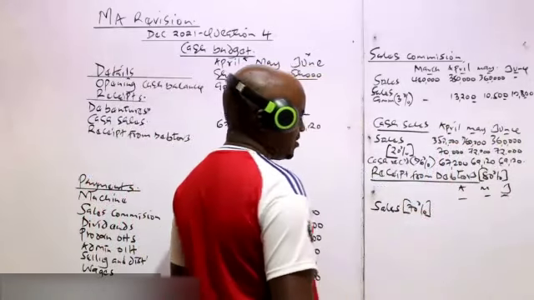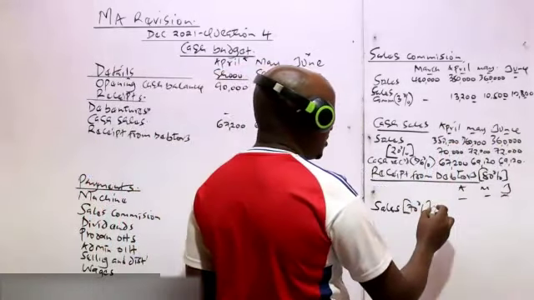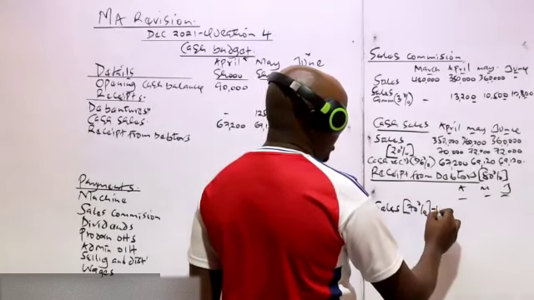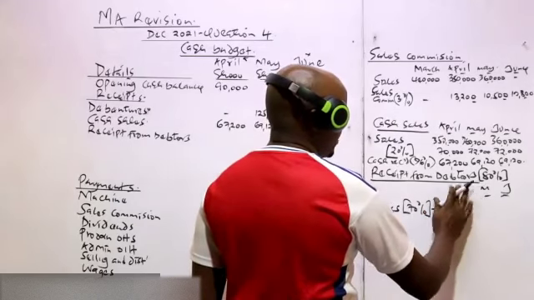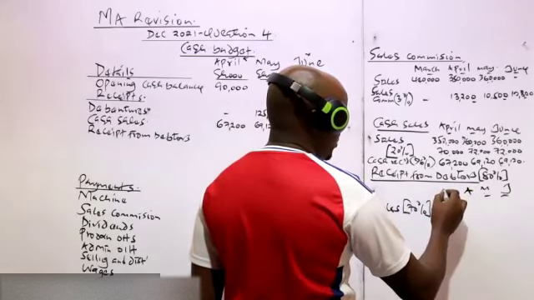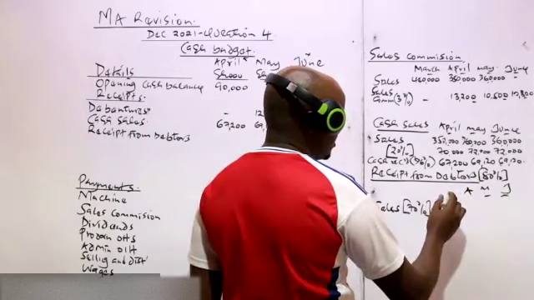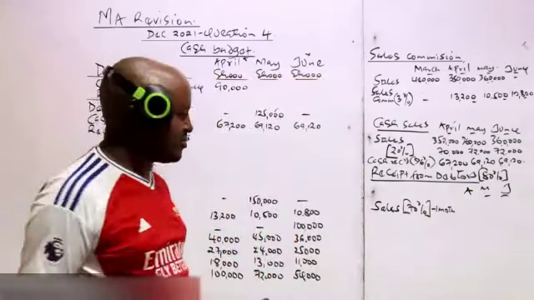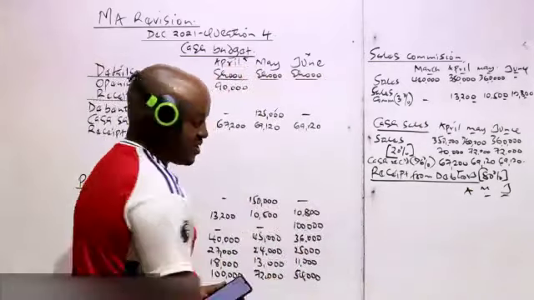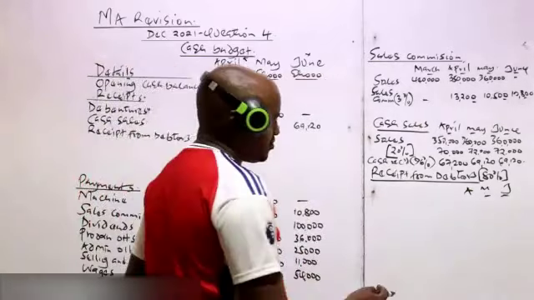Because they pay after 1 month, we need to have the sales first, since we also have those who pay after 2 months.